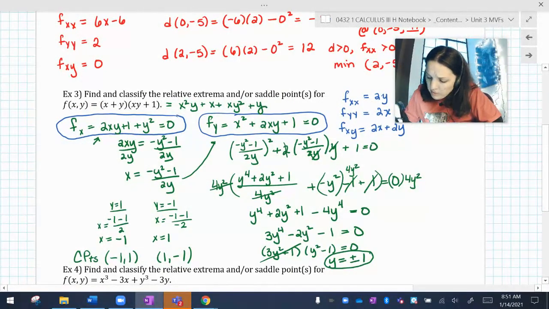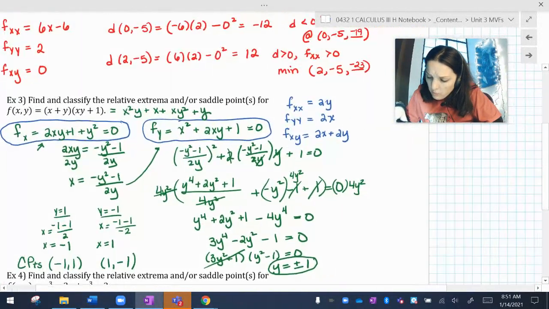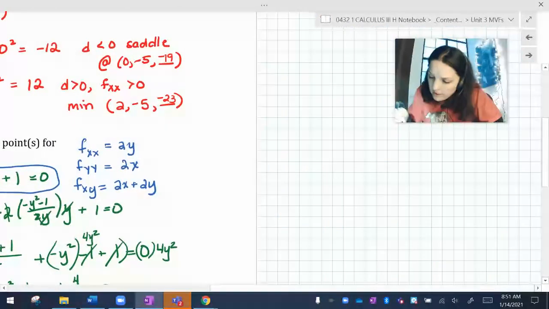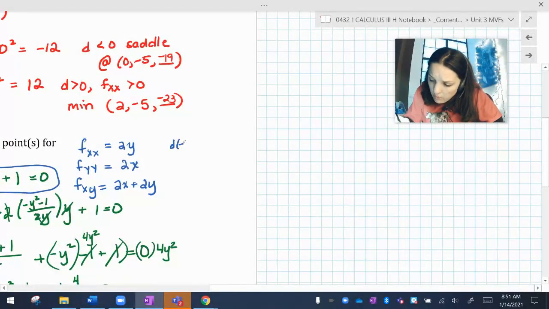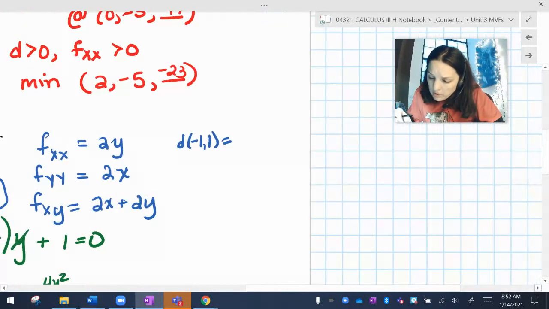All right, so we need to evaluate D for negative 1, 1 and 1, negative 1. So let's see. D for negative 1, 1 is going to be, well, negative 2. No, positive 2. Mrs. Bibber, pay attention. So if I plug negative 1, 1 into 2y, I get 2.